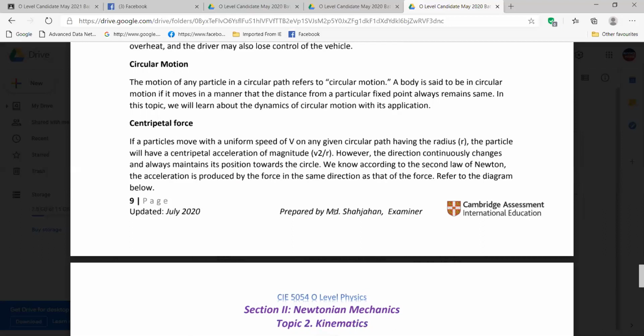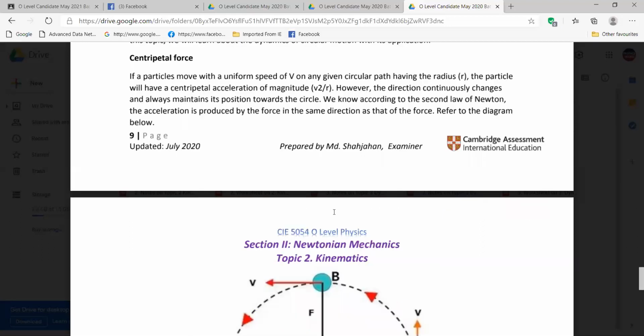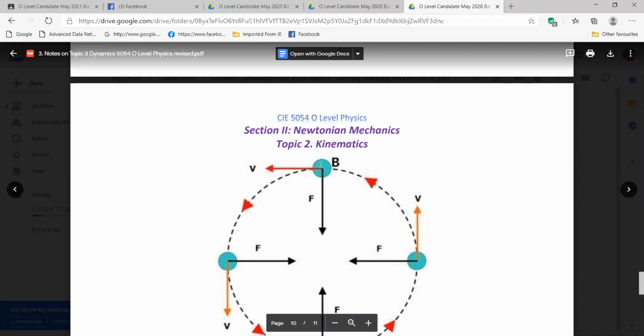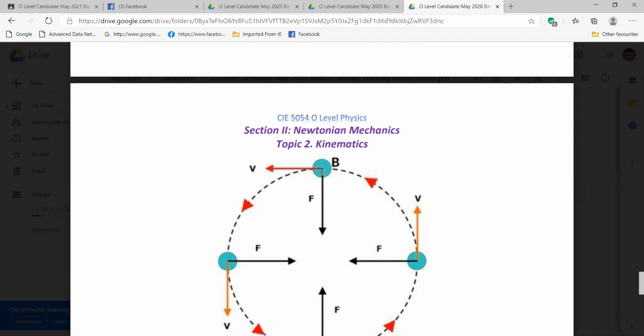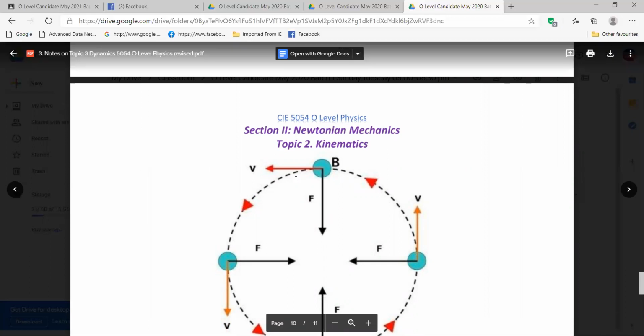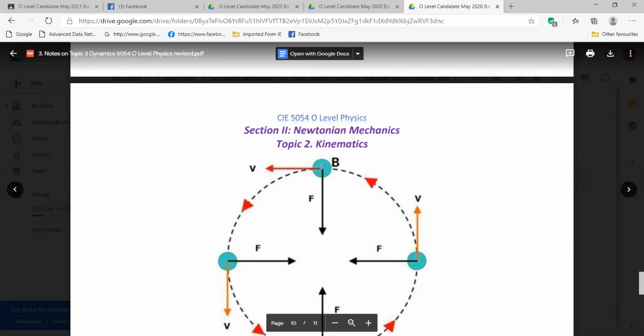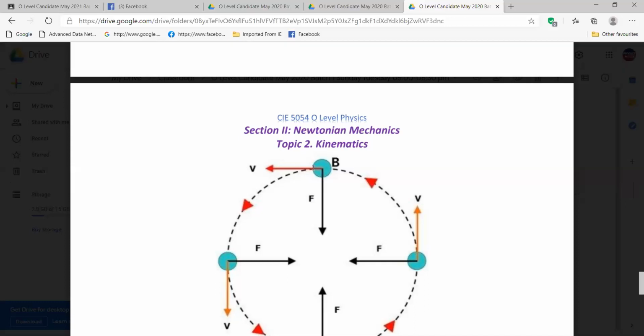If at any moment you leave the string for a while, the stone will go in that direction. So the velocity or the speed will always work in the direction of the tangent to the circle.